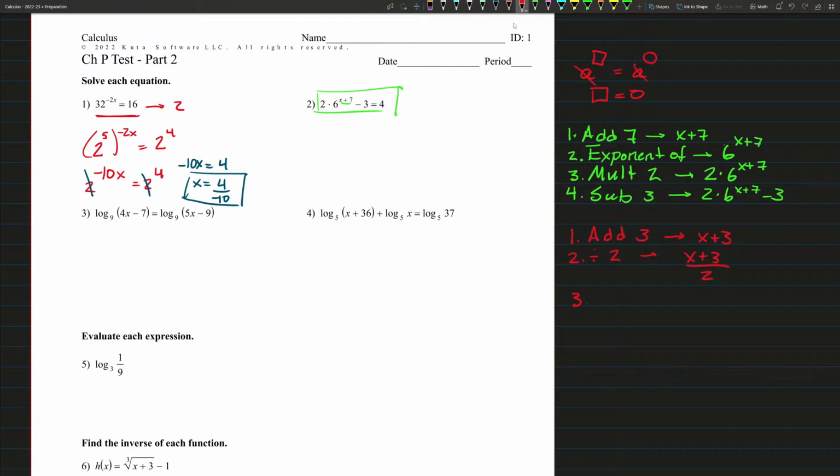Then we have to do the inverse of exponential of 6, right? So we have to do the inverse of 6 to the power of something. The inverse of that is log base 6, right? Logs undo exponents, exponents undo logs, right? So if we do that, this would be log 6 of x plus 3. These should all be 4s. I don't know why I keep doing that.